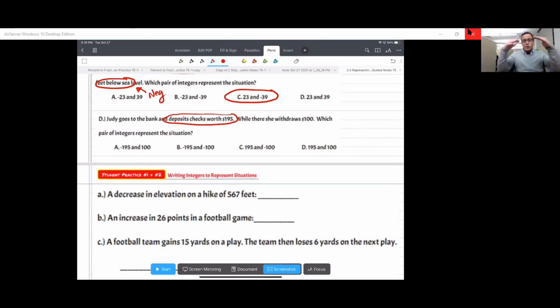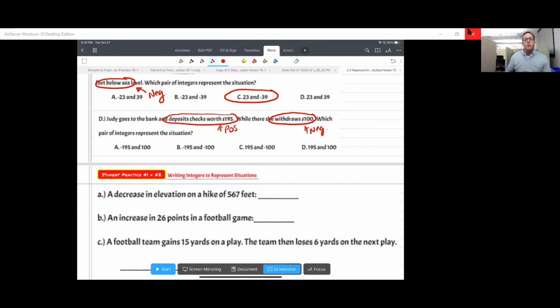Your balance is increasing, it's going up. And I'll just kind of put a little footnote here that's positive. And withdrawing money, again, I know it sounds positive, but withdrawing money, the money is being taken out of your account. Your balance is going down. So a withdrawal is going to be negative.